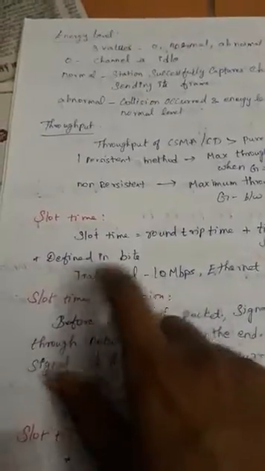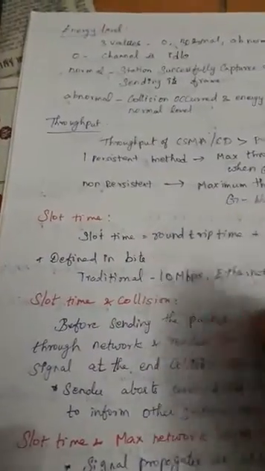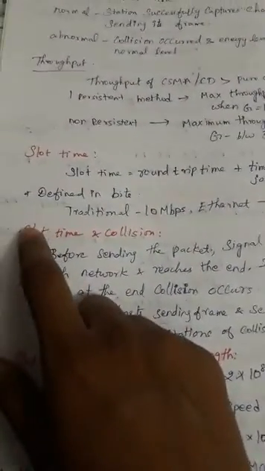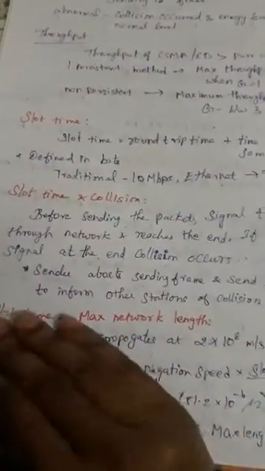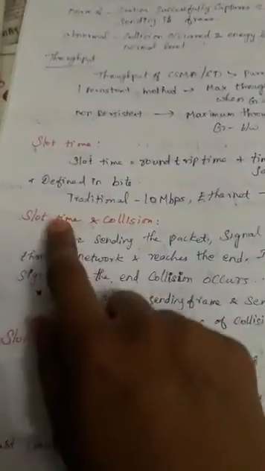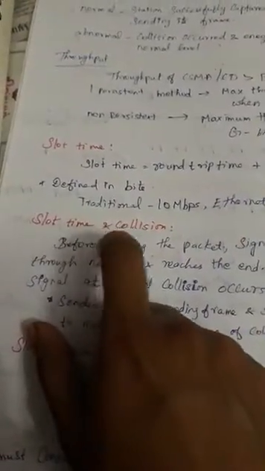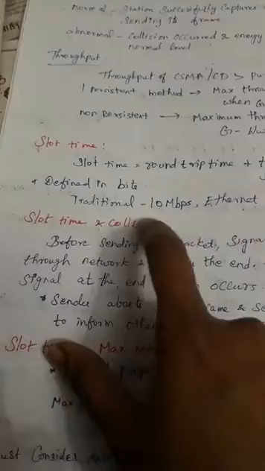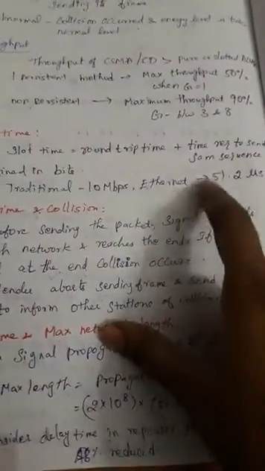Then once the system becomes idle, only then will it send the data. The traditional slot time is defined for 10 Mbps Ethernet as 51.2 microseconds.